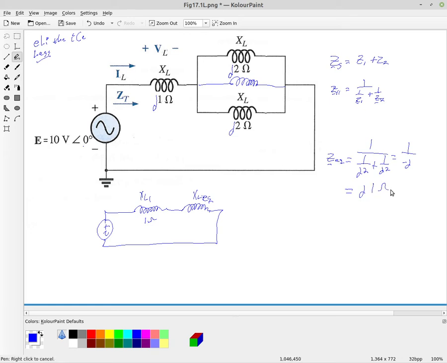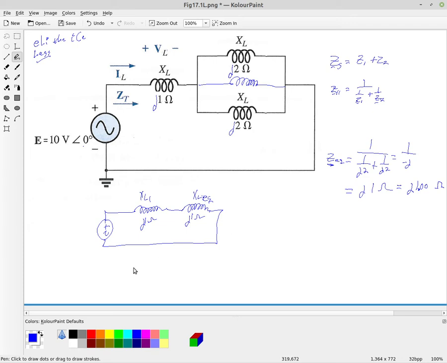So we have J1 ohm. And if we wanted to put that into Blackboard, it would be J 1.00, and then ohms for our unit. Impedances are opposition to current flow, and the unit for that is ohms. So this gives us 1 ohm here. Again, these are inductors, so they need J's associated with them.